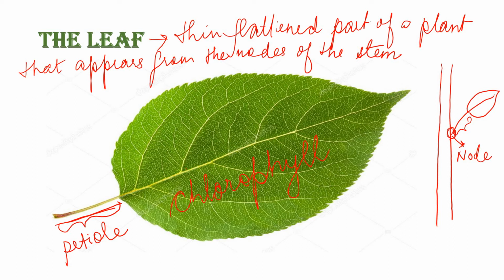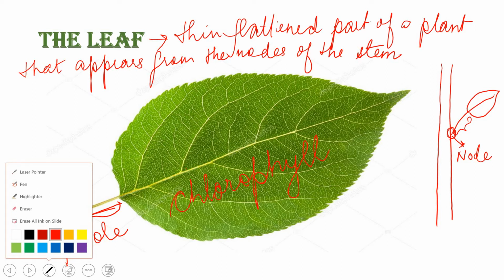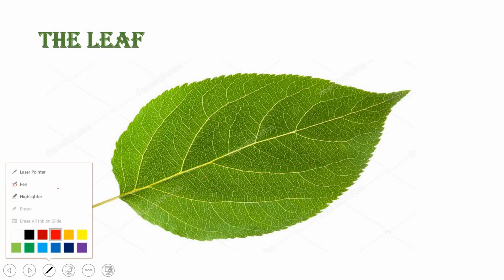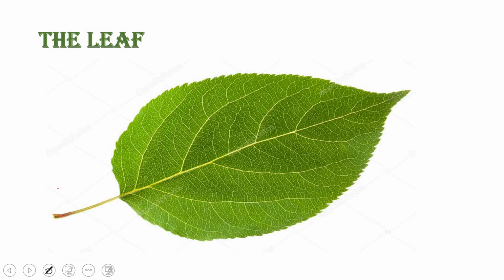Then, from the book, we have to understand what a lamina is. First I'll rub this one and then get back to lamina. The broad expanded flat part of the leaf that is generally green in color is called the leaf blade or lamina.